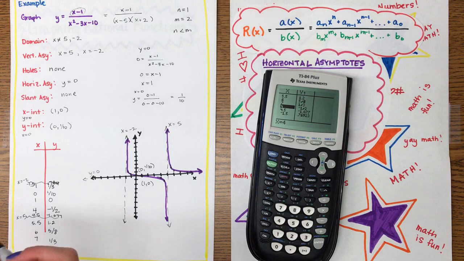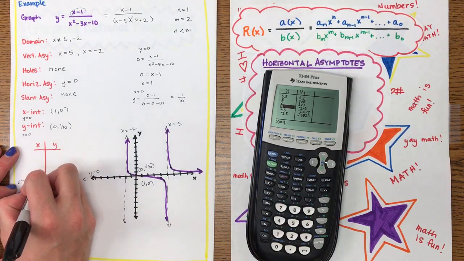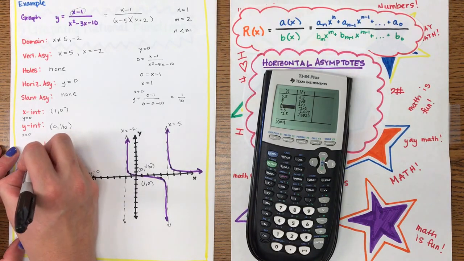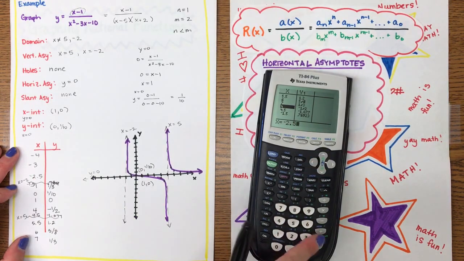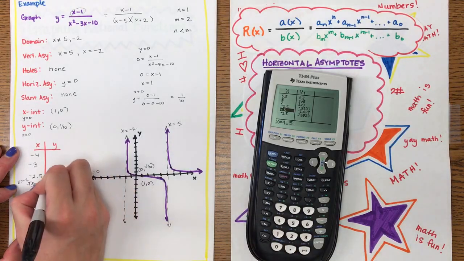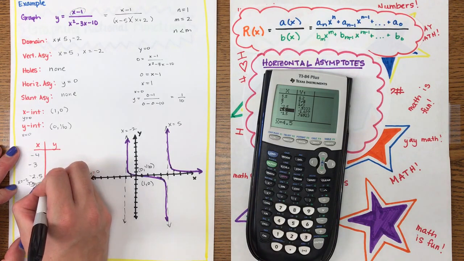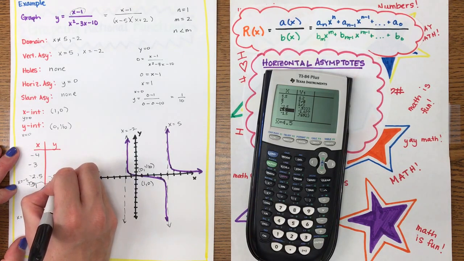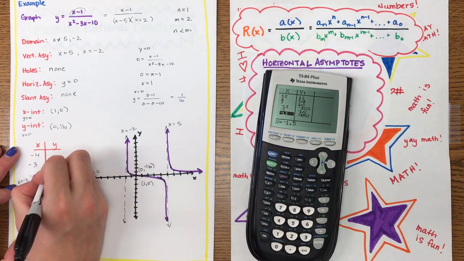And in the left region of my graph, I'm going to pick -2.5, -3, and -4. -2.5 is going to give me -0.933. -3 is -1/2.